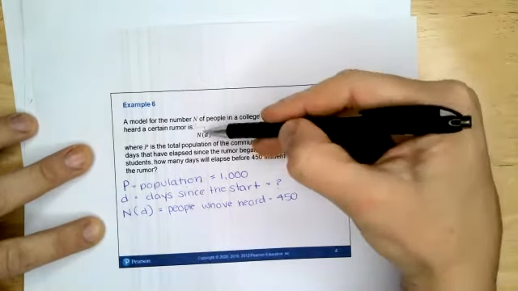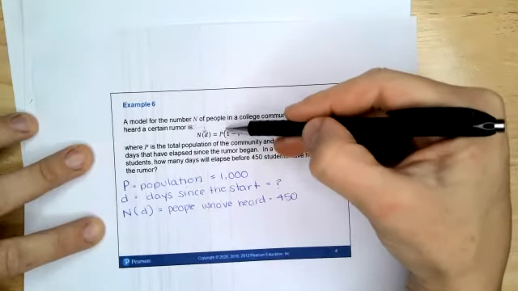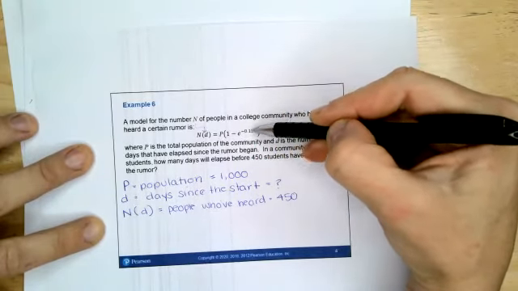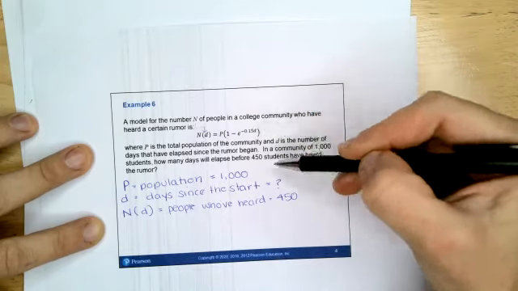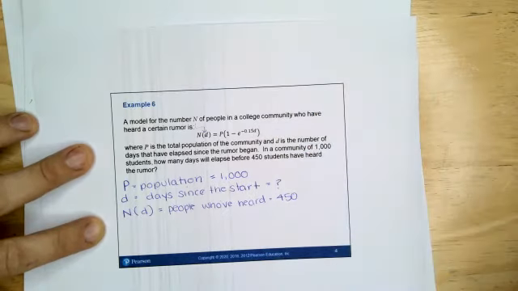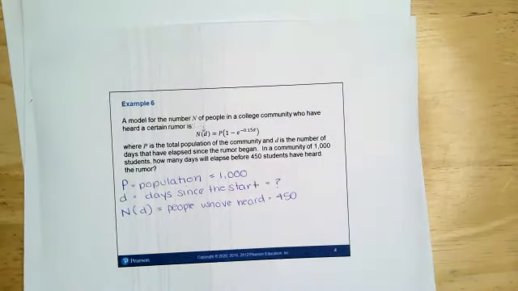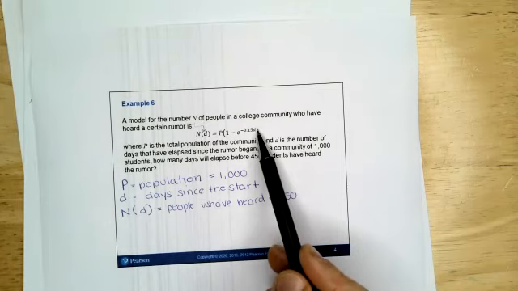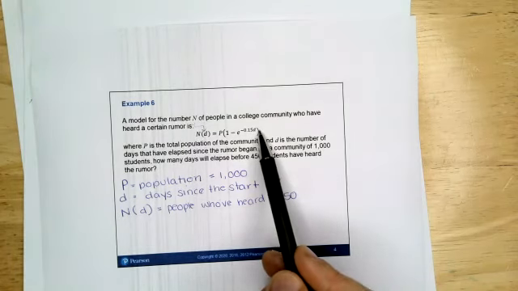So I put 450 here is equal to 1,000 times 1 minus e to the power of negative 0.15 times something I don't know. So this is where a logarithm will come in handy because we can't solve for a variable that's in an exponent, which is what we talked about on Wednesday.